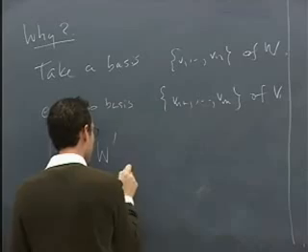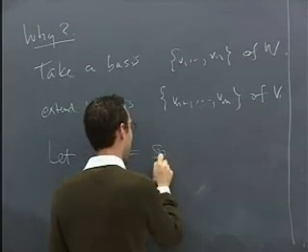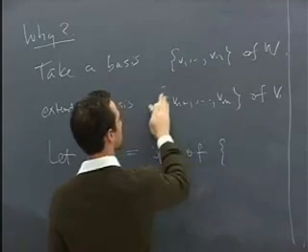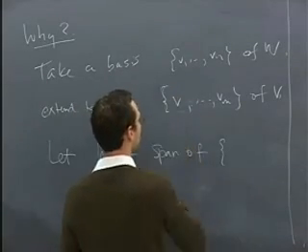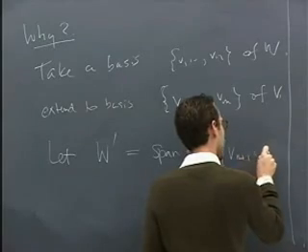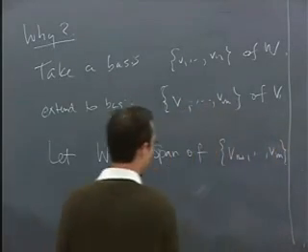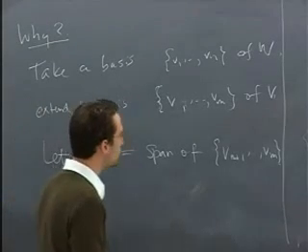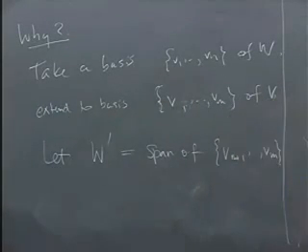Then we just let W prime be, as before, the span of Vn plus 1 up through Vm. And then it's not so hard to verify that this has exactly the right property.